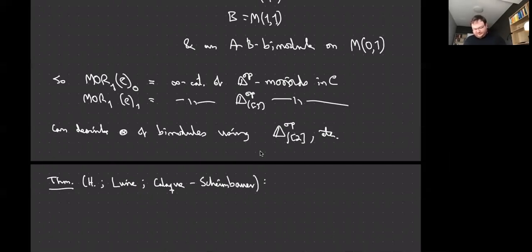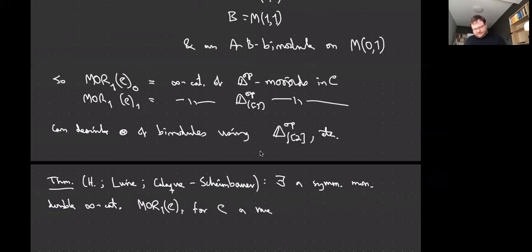So all these constructions give you a symmetric monoidal double infinity category, say more1C of algebras and bimodules in C.